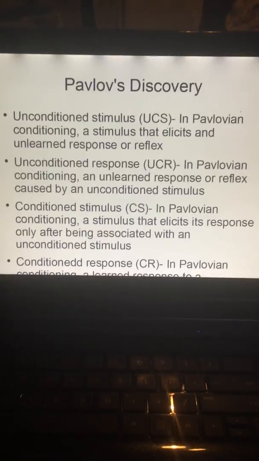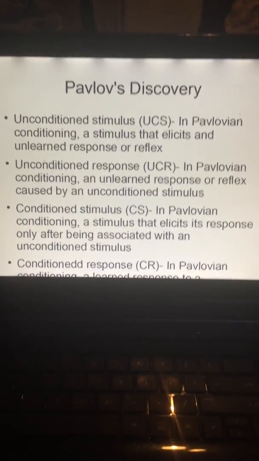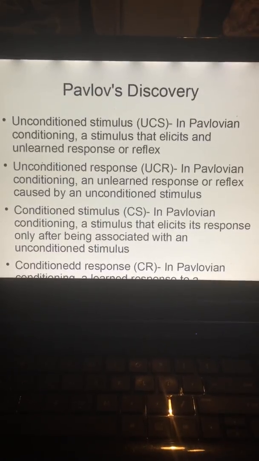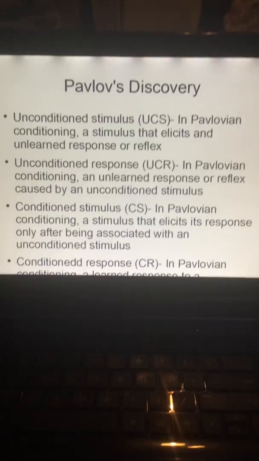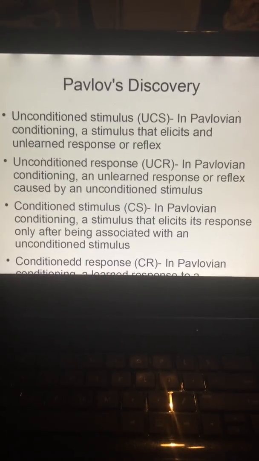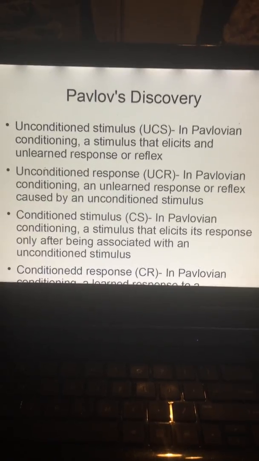With enough pairings of the rat and the loud noise, the child will eventually form an association. He will be classically conditioned to fear the white rat, because in his view, the white rat is linked to the loud noise.